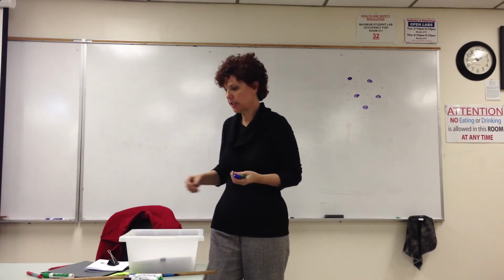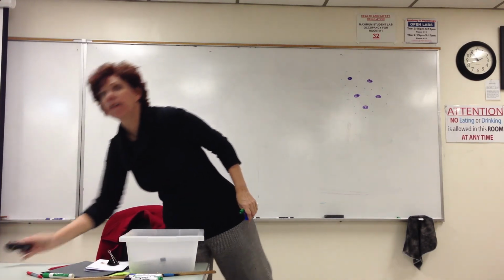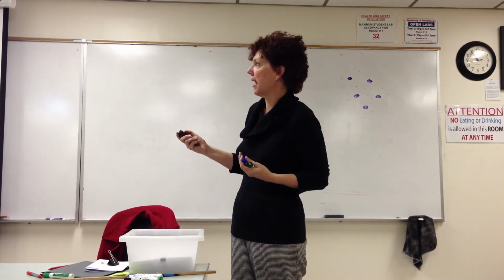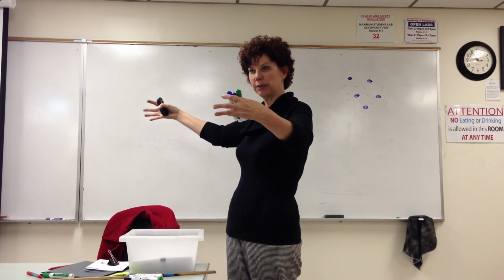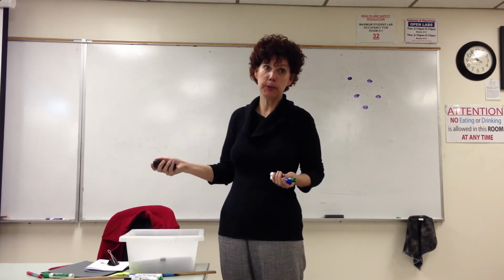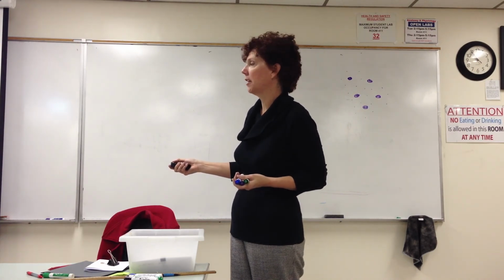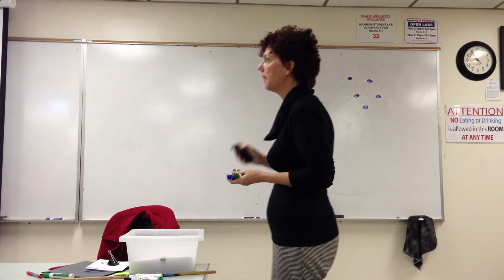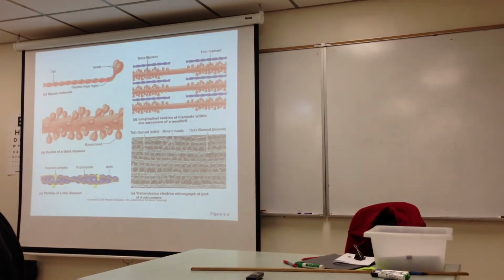So let's look at the structure of the sarcomere of a myofibril. Here's a myofibril. What I'll be drawing in purple are the myosin filaments. When we talk about a myosin filament, this is what we're talking about: multiple myosin proteins. Each myosin protein has a myosin head.